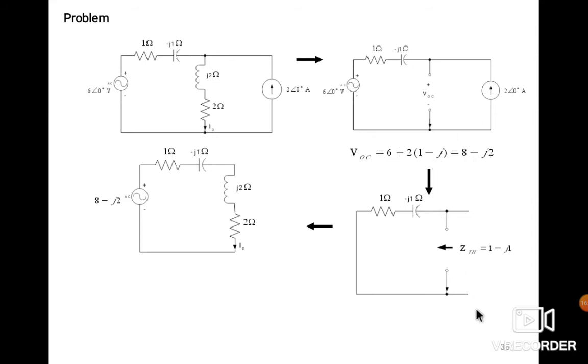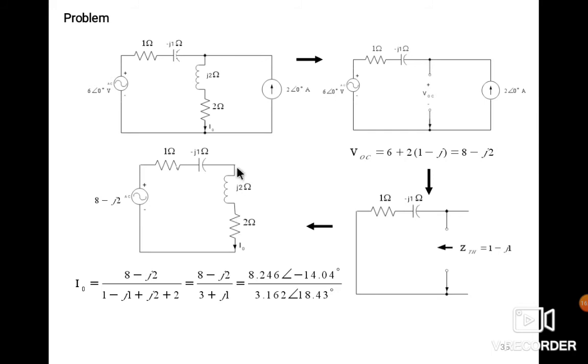After that, you have to find out the ZTH. ZTH means find out the impedance. So impedance is written like this. These two, capacitor and resistor, are in series. In the complex form, we have written 1 minus J, and then the circuit will become like this.